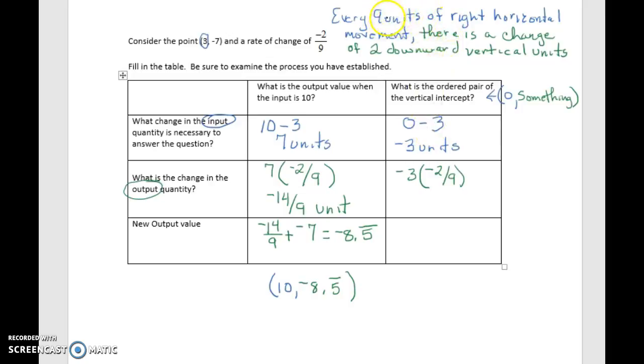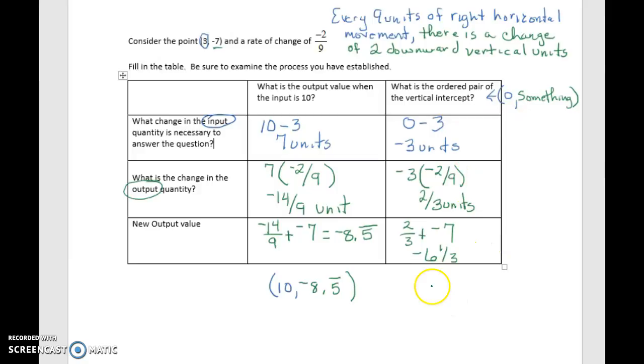We're not going to go all 9 units, we're only going to go 3 of those units, so we end up with 2/3 of a unit changed. We were at -7, and we change that by 2/3 of a unit, so we end up with -6 1/3 units.